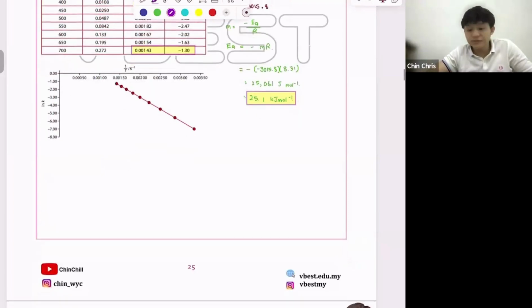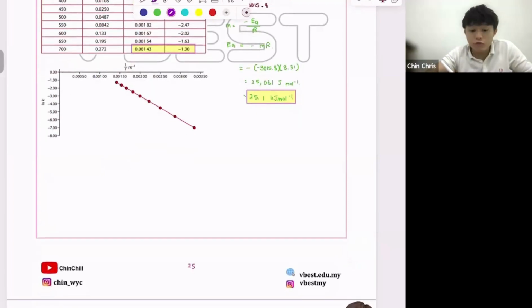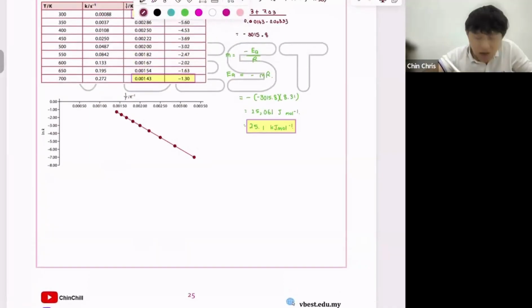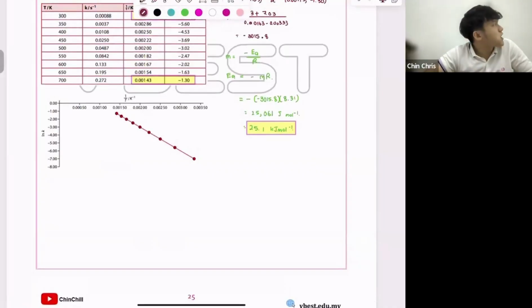All right, guys, after you get your Ea, can you get your frequency factor? I can pick any point again, because I do not have the y-intercept, so I have to substitute.